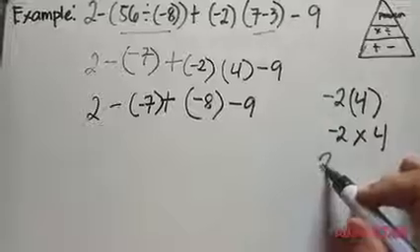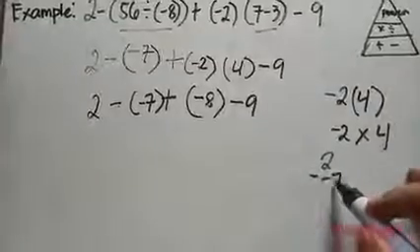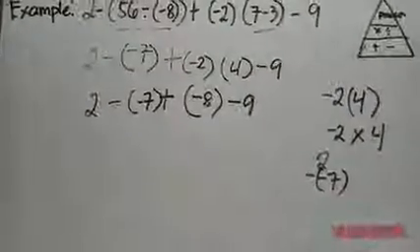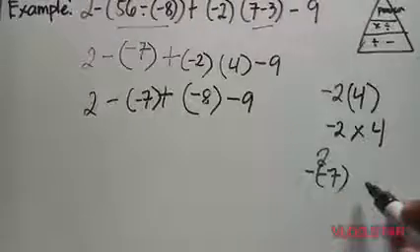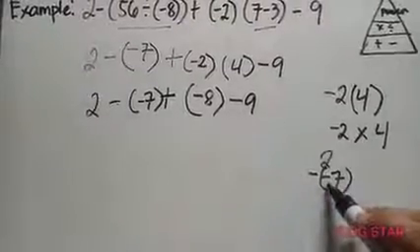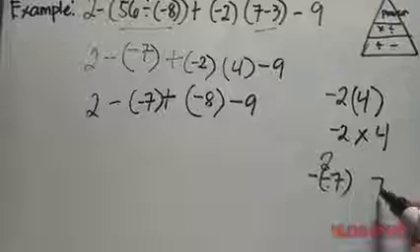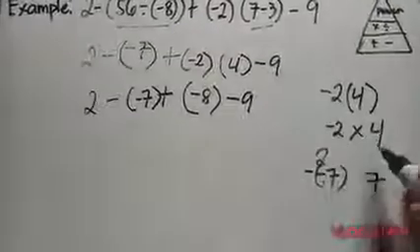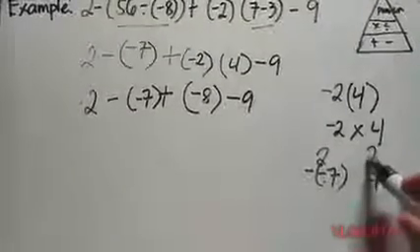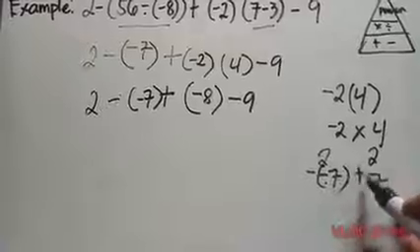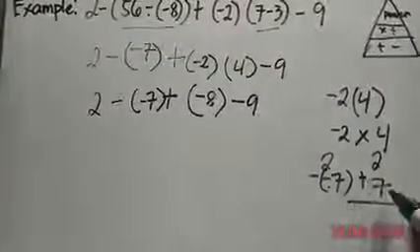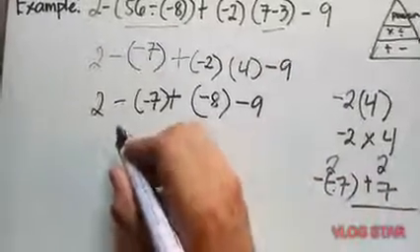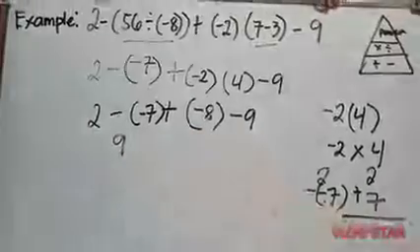First, change the sign of the subtrahend from negative 7 to positive 7. Then copy the minuend, which is 2. Then proceed to addition. 2 plus 7, the answer is positive 9.